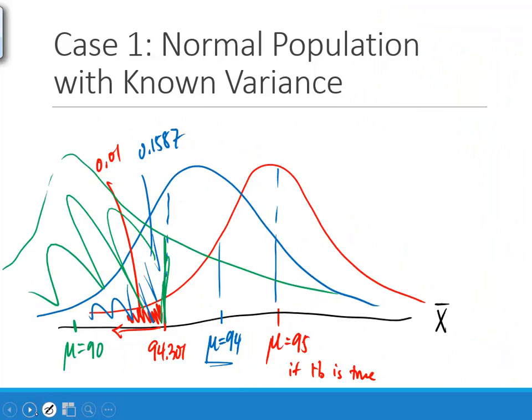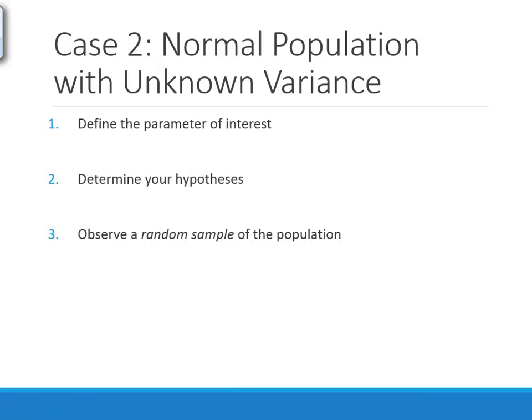All right, so let's move on to our second case here, and again start moving a little more quickly. Same setup as before, we just don't know what the population variance is. So we're still interested in looking at mu, the population mean. Our hypotheses are going to be as before.